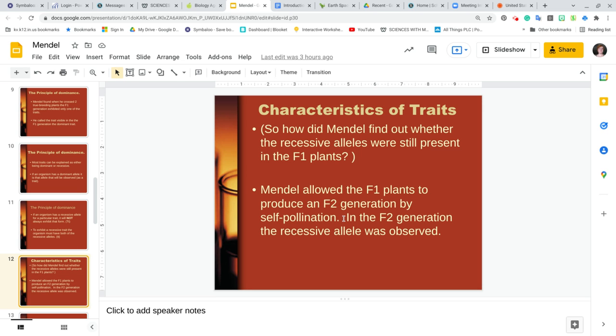He left them alone. Easy peasy. I'm going to leave this part of the garden alone and let them self-pollinate and see what happens in the next generation. And guess what? The recessive allele returned. It didn't disappear. It didn't go away permanently. It was still there.